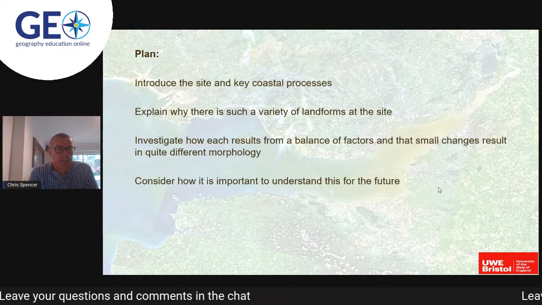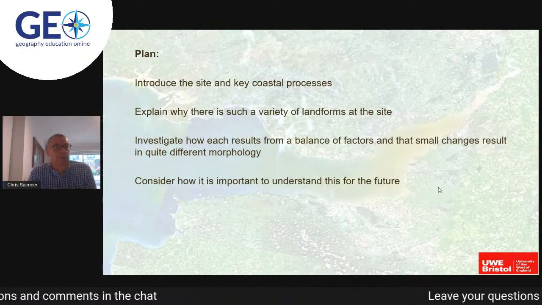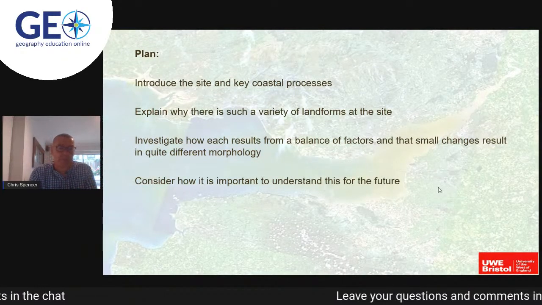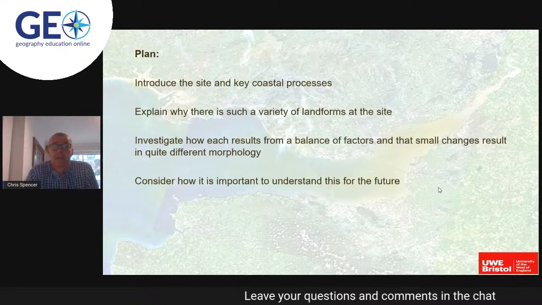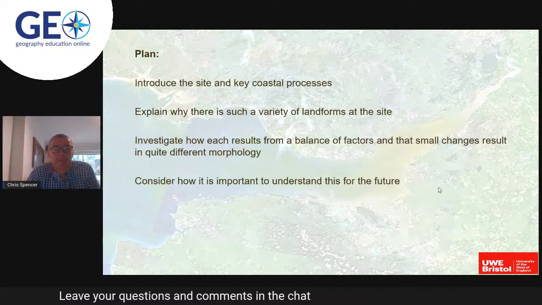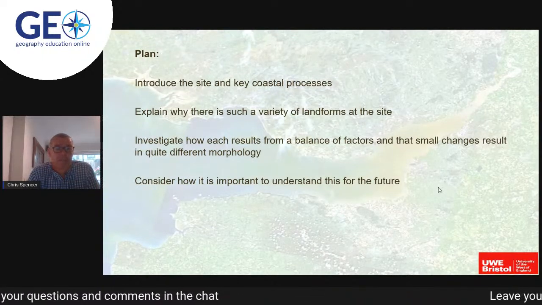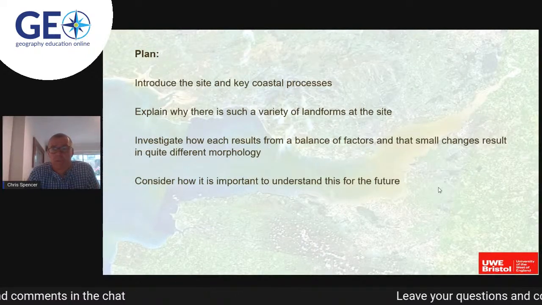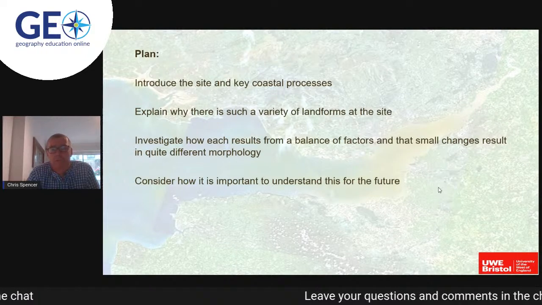Small changes in any of those factors, whether that's the geology, the sediment supply or the wave energy, can result in quite a different coastal geomorphology, different coastal landforms.